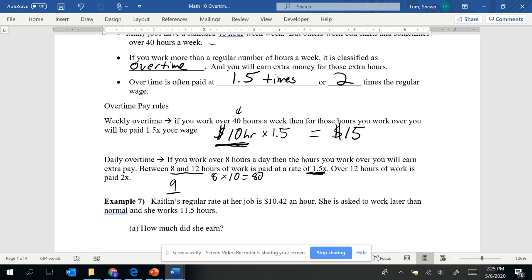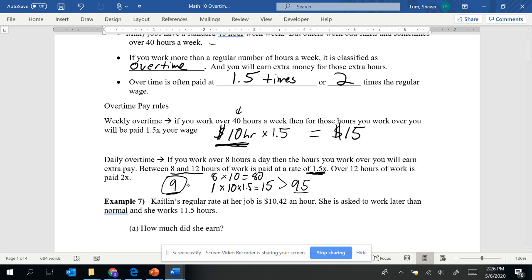And since you worked a total of 9 hours, for that last 1 hour you'll be getting 10 times 1.5, or in other words, $15 for that last hour. So then your total would be $95. Normally, if you work 9 hours, you'd only get $90, but now you get $95.